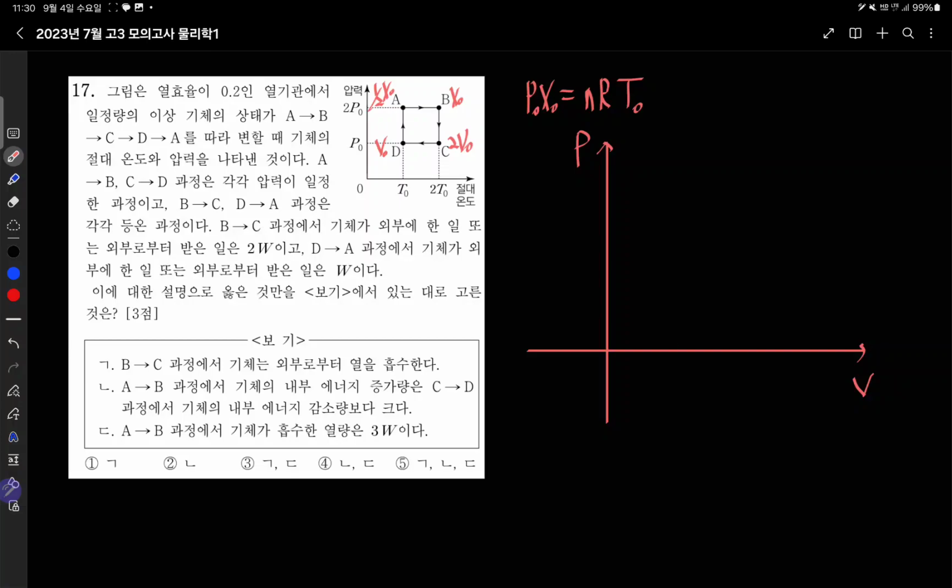So at state D, volume is V0 and pressure is P0.